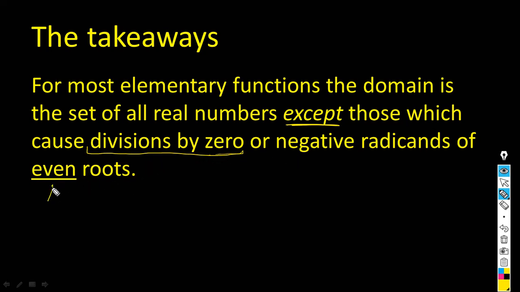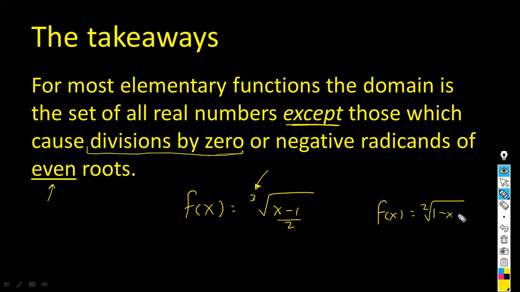Remember, only even roots. When you have a function like f of x equals the cubic root of x minus 1 over 2, whatever, you don't have to worry because this is odd. But when you have a function like this, then you have to worry.